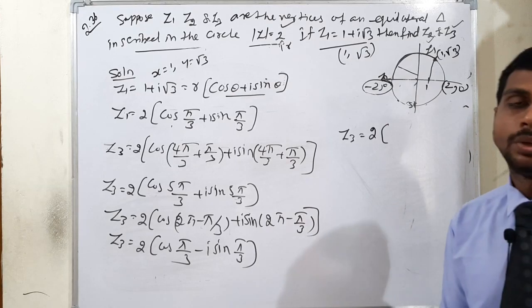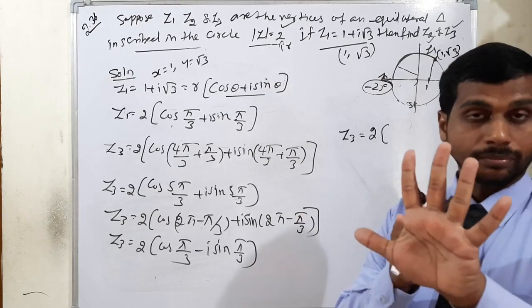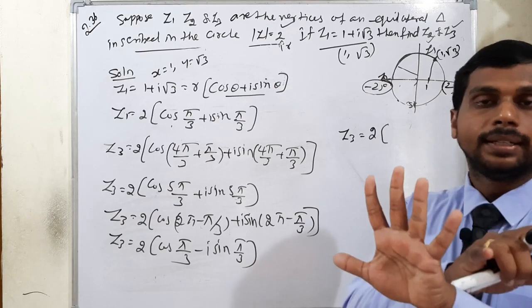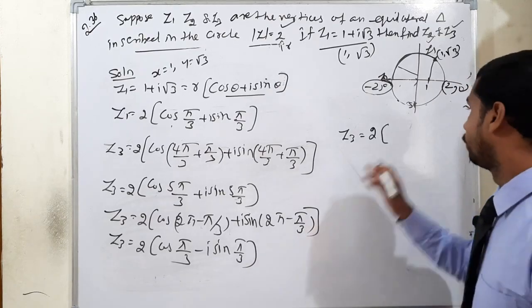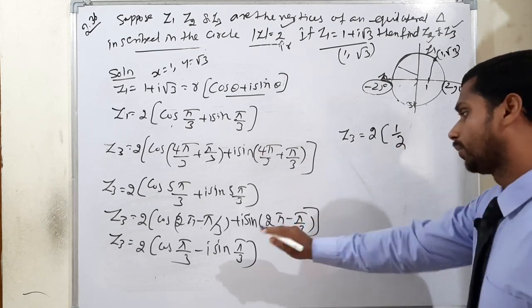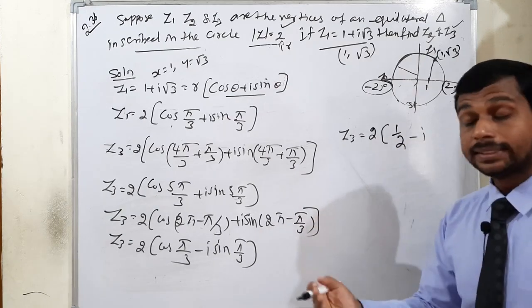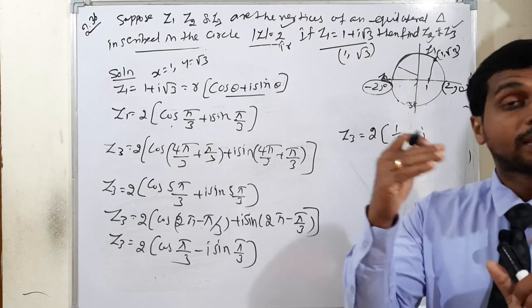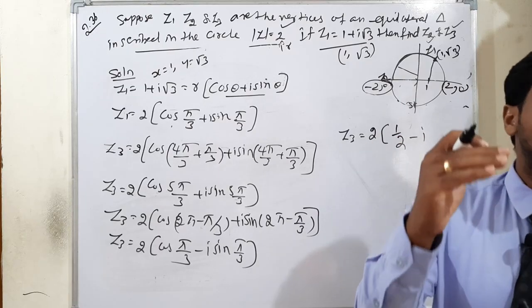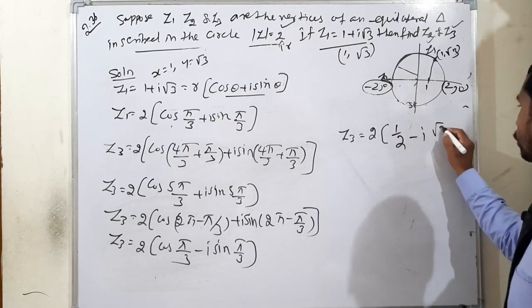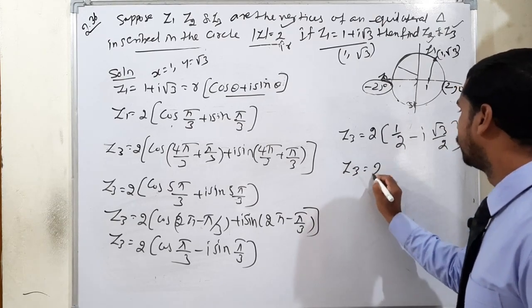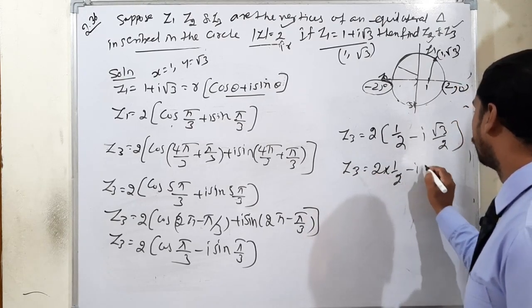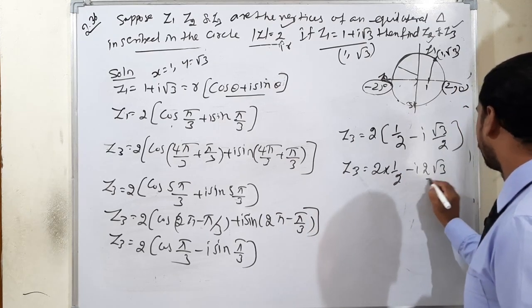Cos 60, I already told you, you have to check it on your fingers. Cos 60 means definitely we can say 1 by 2. So, the value is 1 by 2, positive as it is, but negative i sin 60, check it on your thumb side, the value will be root 3 by 2. Again, each time multiplying by 2, Z3 is equal to 2 into 1 by 2 minus i 2 root 3 by 2.